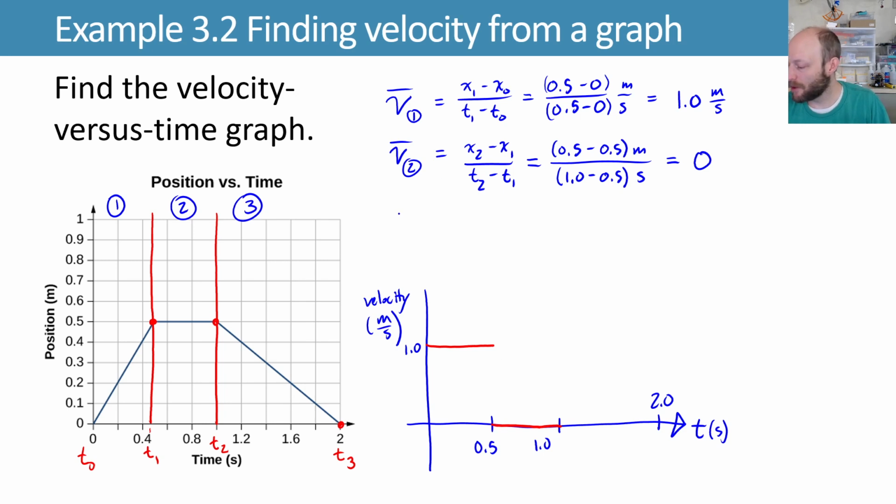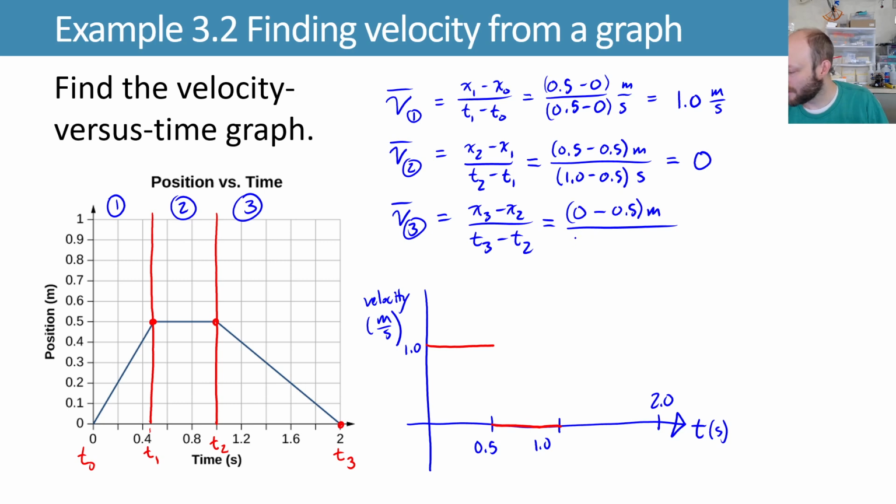Let's consider my third region. Average velocity for region 3 will be x3 minus x2 over t3 minus t2. Finally, I end up at position 0. Initially, I was at position 0.5, and that's just reading off the chart over here. Finally, I'm at 0.